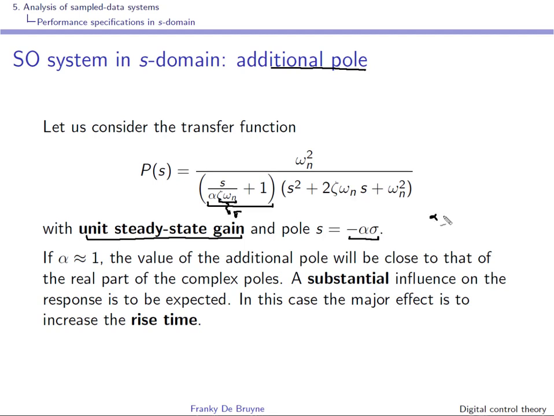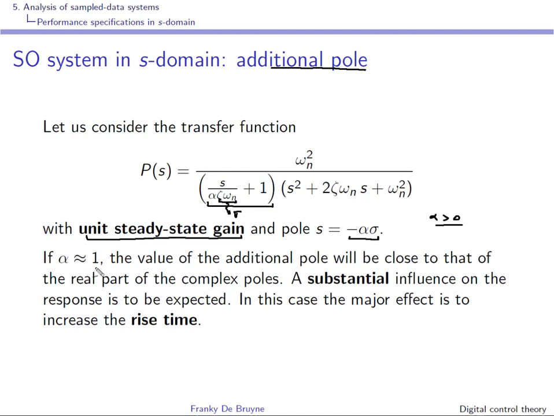Of course, here we only consider alpha positive because we only consider transfer functions that are stable. When alpha is very large, this pole is going to be so fast that there will be hardly any effect on the step response.